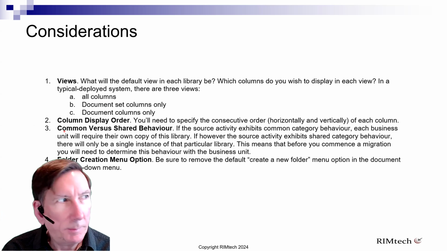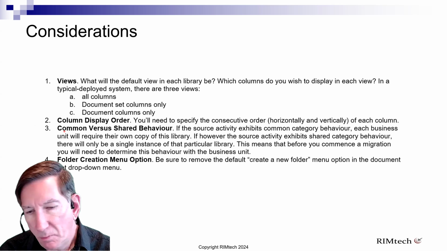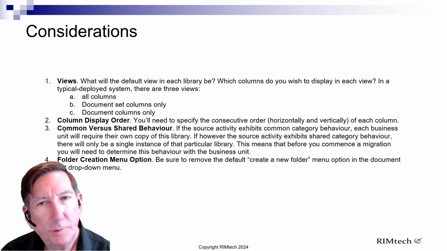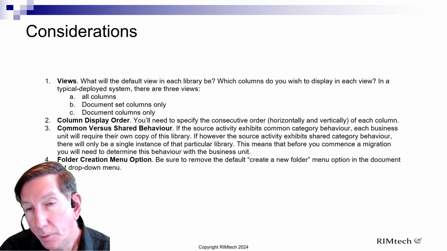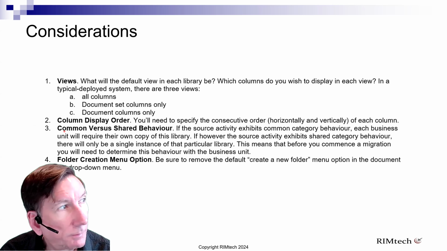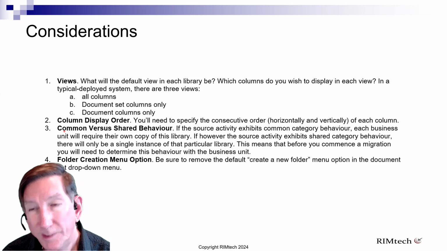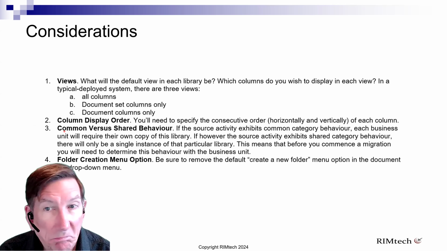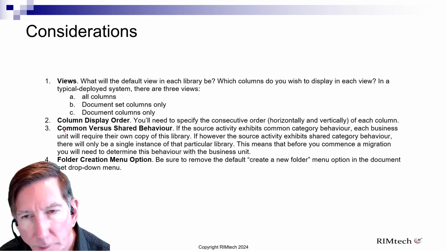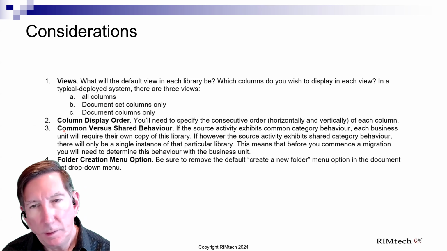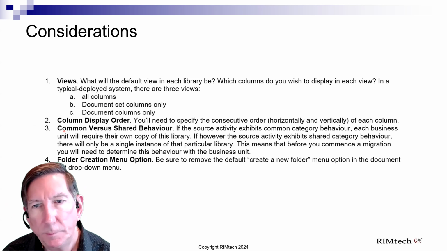So, for example, expense reports. Business Unit A doesn't want Business Unit B to be prying into their expense reports and vice versa. So they both get the same library, expense reports, 2 copies of exactly the same library. That's what they want. That's what they're going to get. So you have to take that into account when you're doing a migration. Which common library is it going to go into?